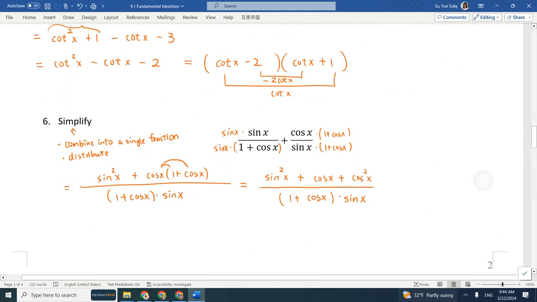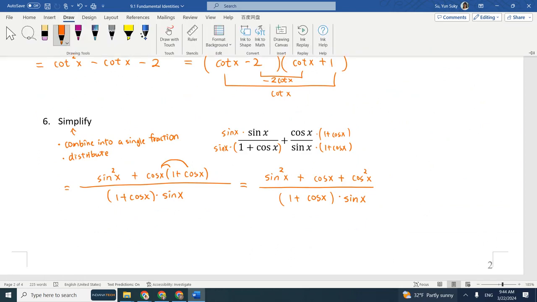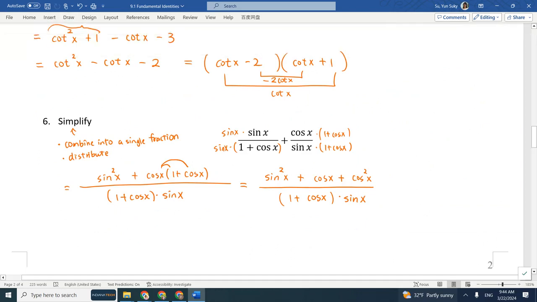You kind of understand why I asked you to be familiar with the formula. Because if you're familiar with the formula, you know what to do. If you're not familiar with the formula, you don't have a direction. So that's why it's very important to be familiar with all the trig identities.